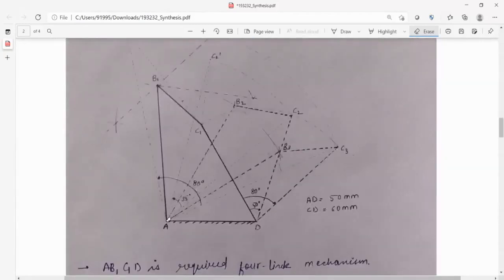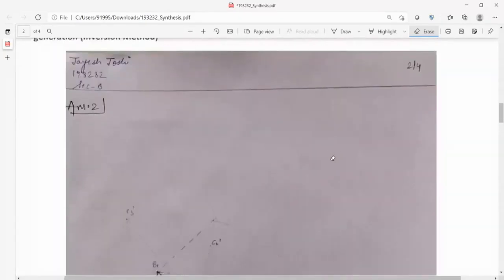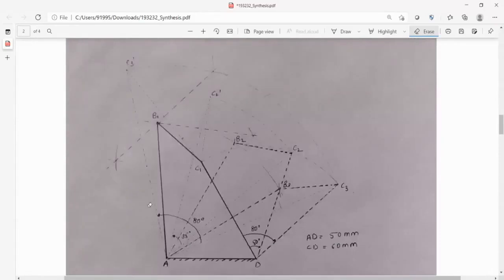And similarly, we will rotate AC3 by an angle of 80 degree, which is again the angle of input link. These both rotations are in counterclockwise direction. So by rotating AC2 to C2 dash and AC3 to C3 dash by an angle of 35 and 80, we got 2 points C2 dash and C3 dash.